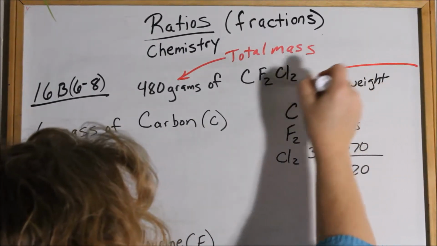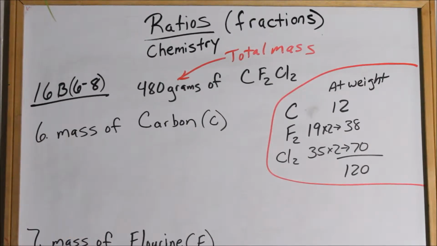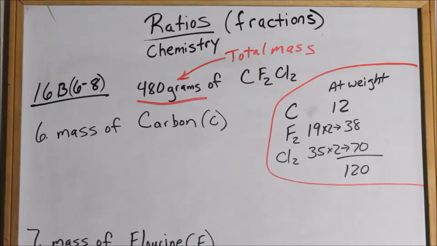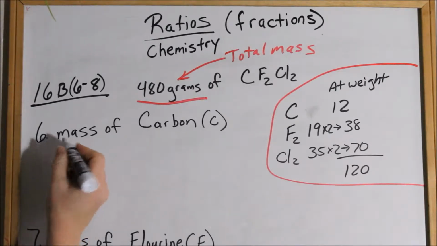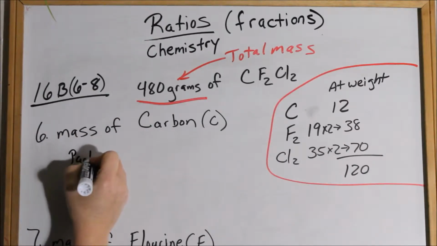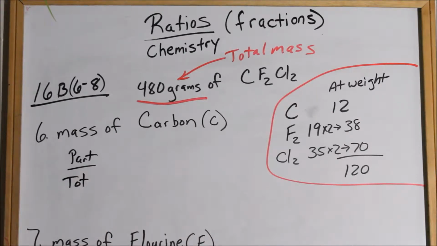Okay? So we're going to use this information that I just did over here to make ratios to solve for the mass. We're going to use this information as well as the total mass to make a ratio. Here are the ratios that we're going to make. We're going to make a ratio of the part over the total, and we did this in lesson 14 to find a percentage.